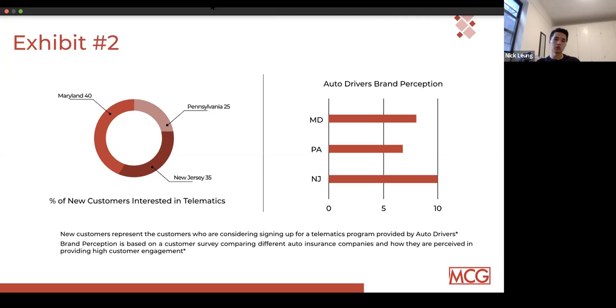And two, Pennsylvania is a really good state that has high customer adoption rates but also low brand perception, which I know is something you were really worried about. And then I would preface that with risks, and then whatever my next steps were. And that's how you would end the case.